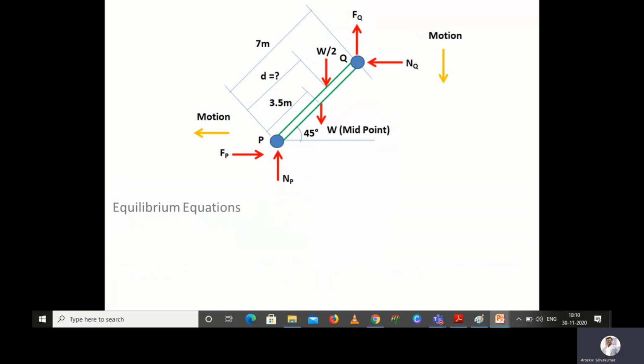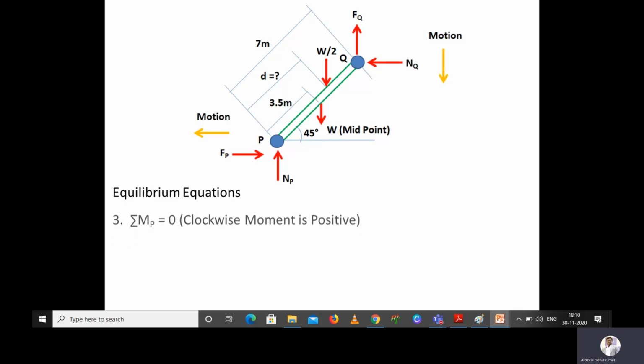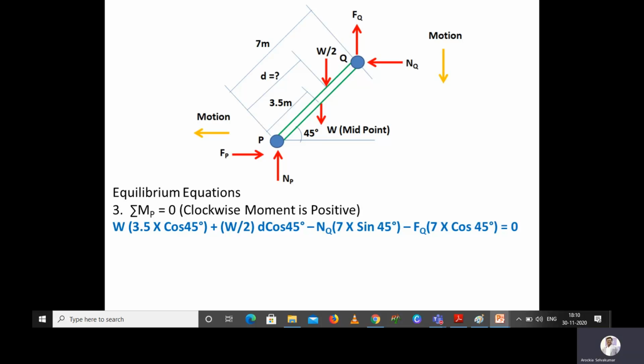So next, the third equation we are substituting, the equilibrium equation: summation of moment about point P is equal to 0. We are assuming that clockwise moment is positive. So now we are taking moment about P. Obviously Fp and Np will not create any moment, because their perpendicular distance with respect to point P is 0.